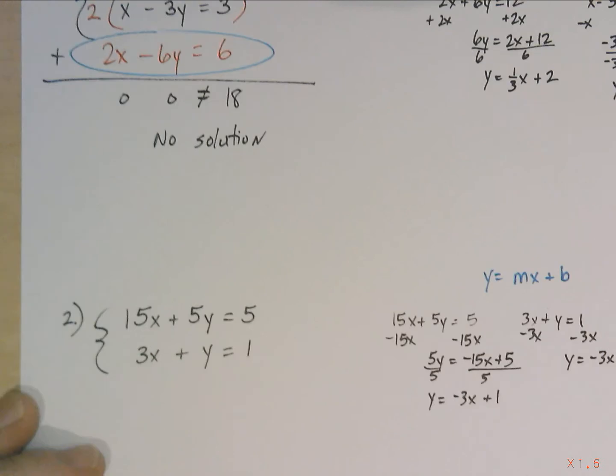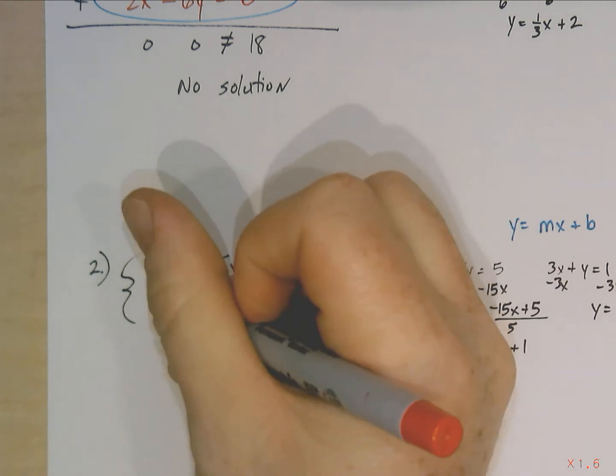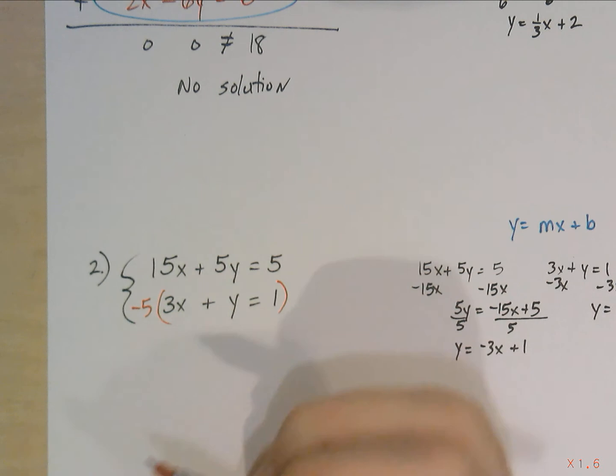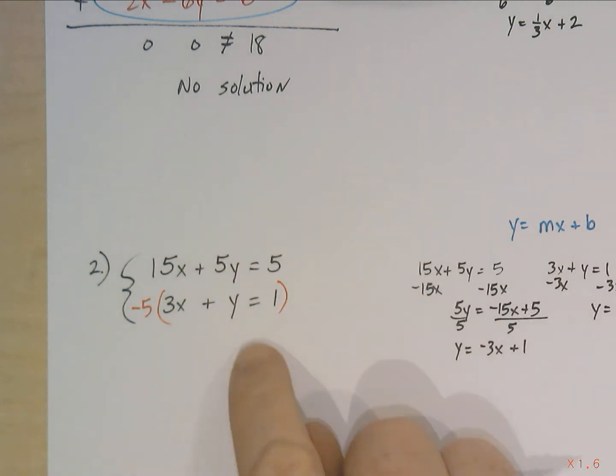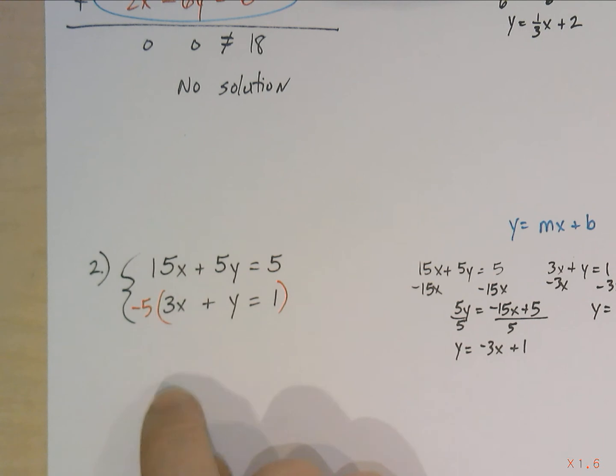So, number 2, let's algebraically figure that one out. So we're going to multiply the bottom by negative 5. If I multiply the bottom by negative 5, I'll get rid of that x, and that's the goal. The goal is to get rid of one of the variables. I'm not really even paying attention to all this. I'm just paying attention to what I can get rid of first.